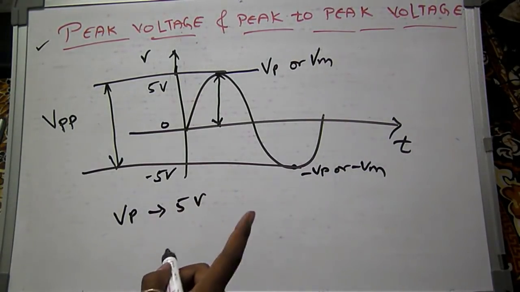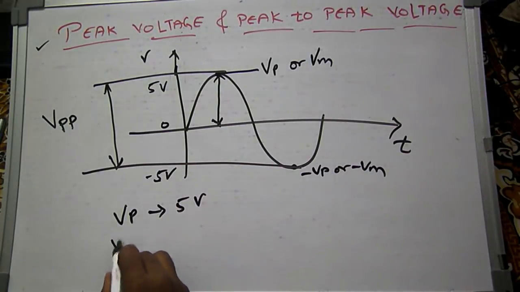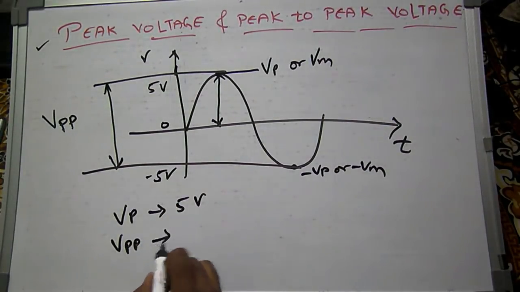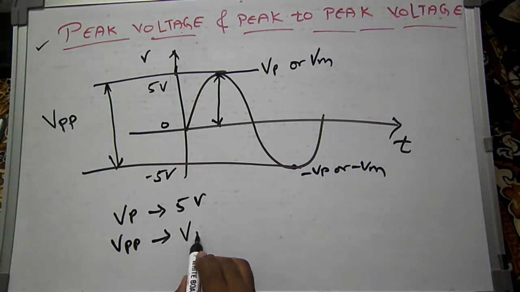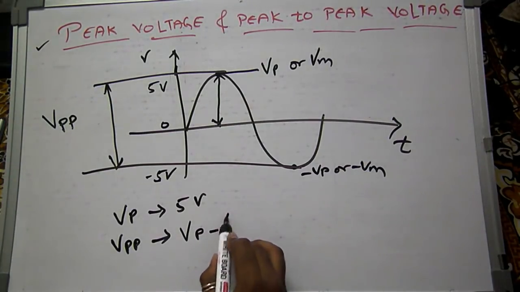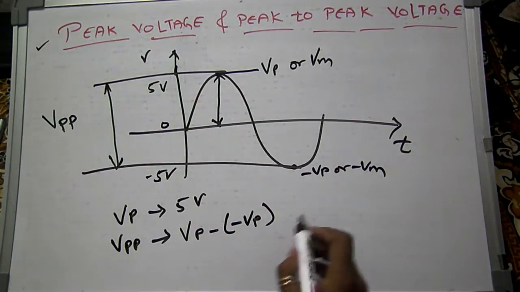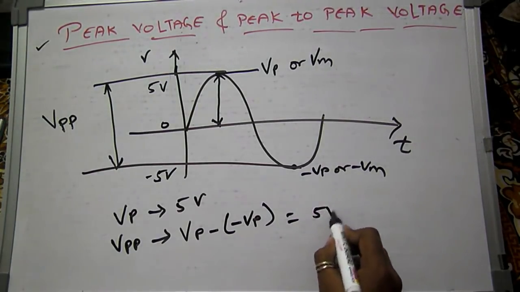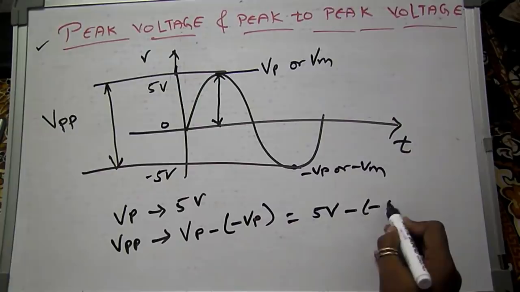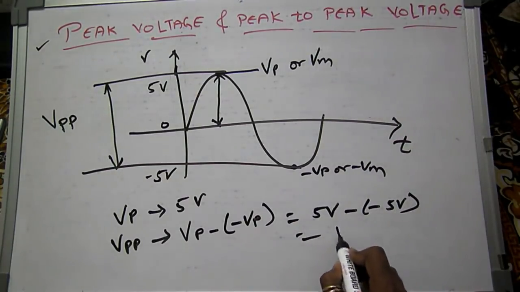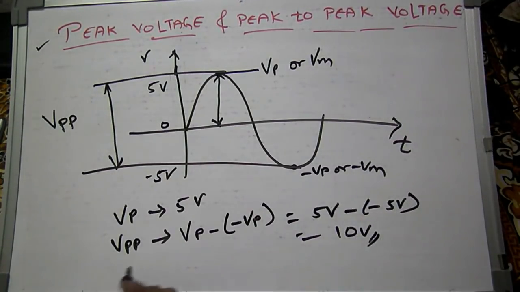And if we calculate peak to peak voltage, that is VPP, then it will be Vp minus of minus Vp, that means 5 volt minus of minus 5 volt, that is 10 volt. So peak to peak voltage will be 10 volt.